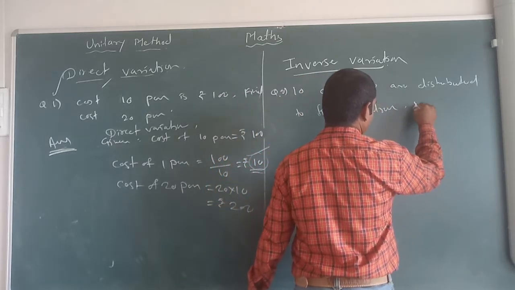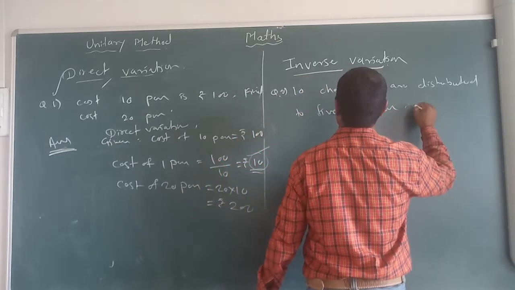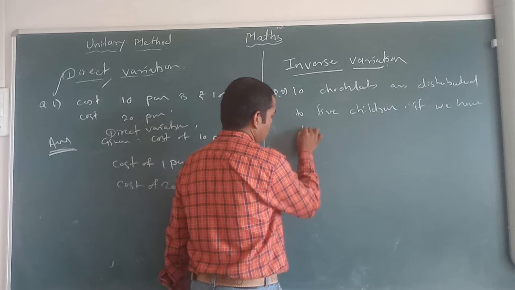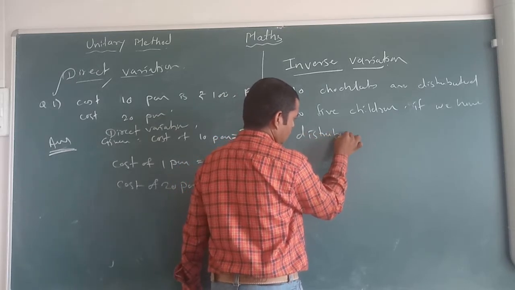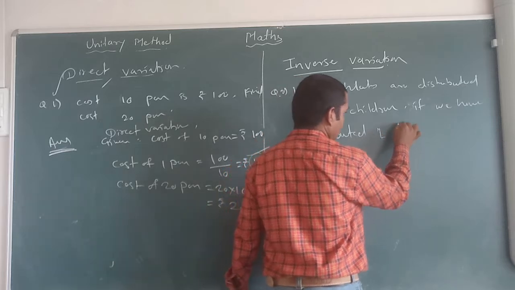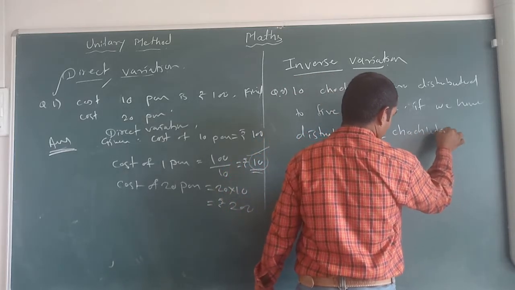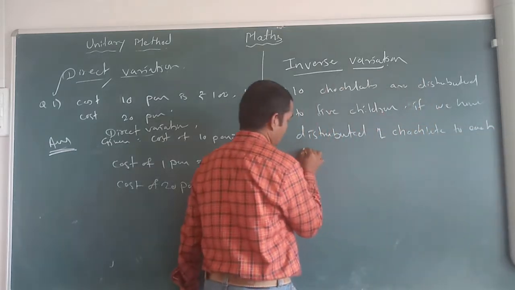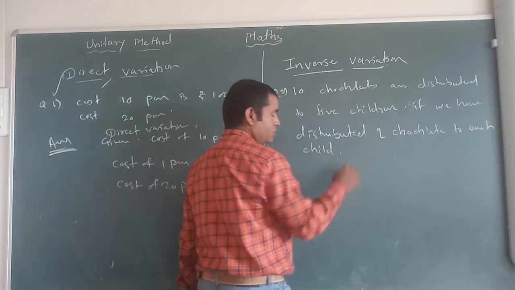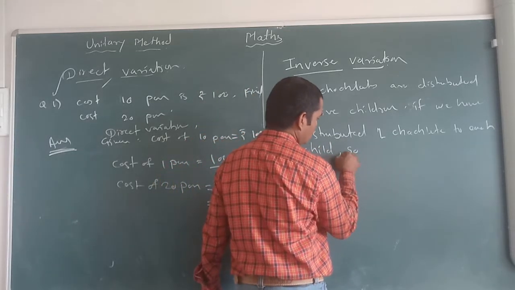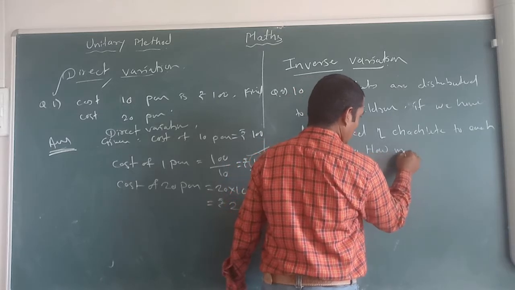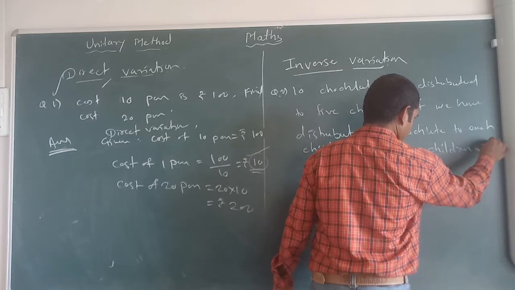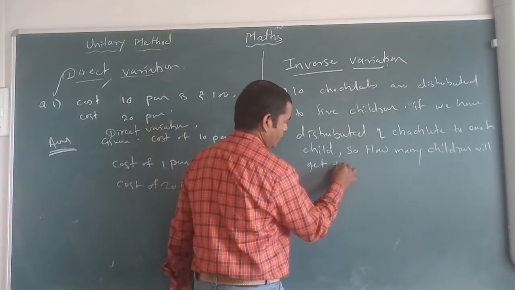And then, if we distribute one chocolate to each child, how many children will get chocolates?